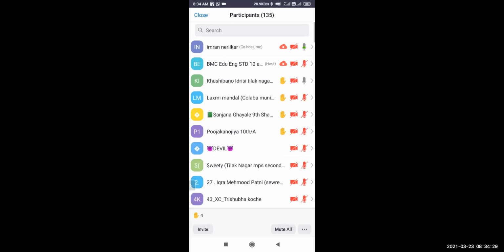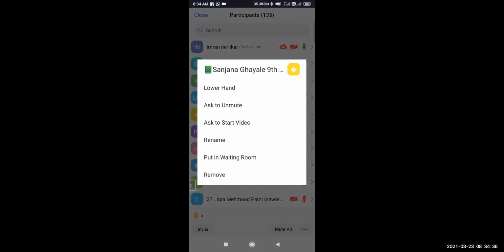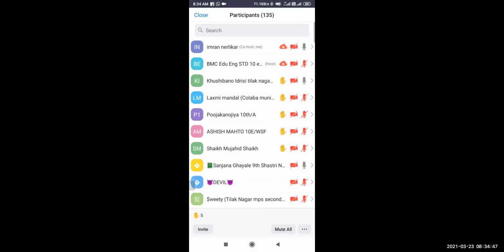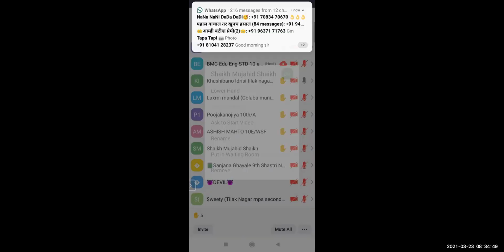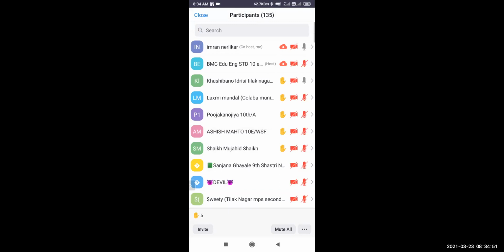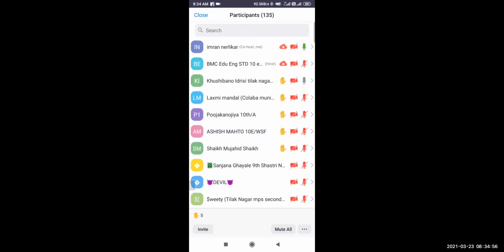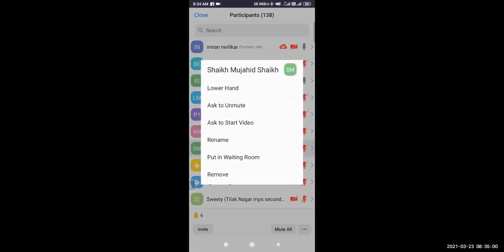Okay. Any other student? Common nouns you have to use. Complete the word chain of nouns. Any other student? Those who have raised hand, you can unmute yourself and try. Pooja. Yes, Lakshmi.